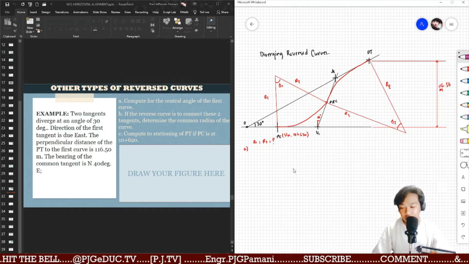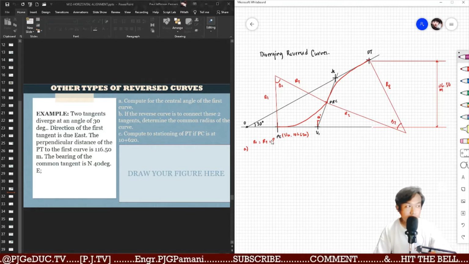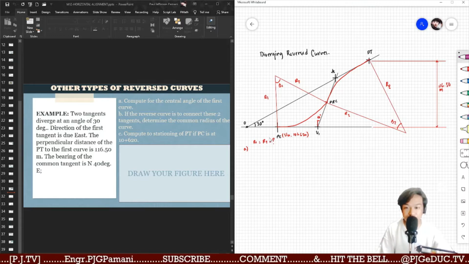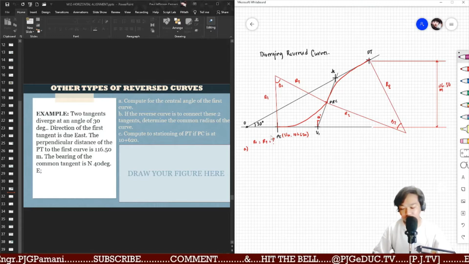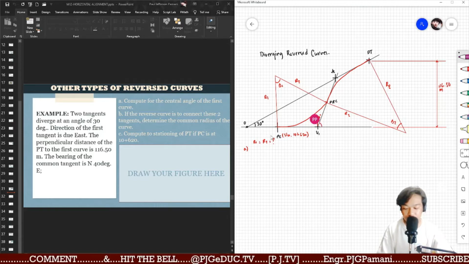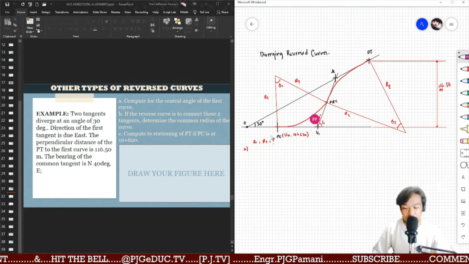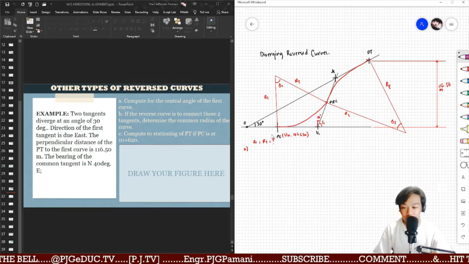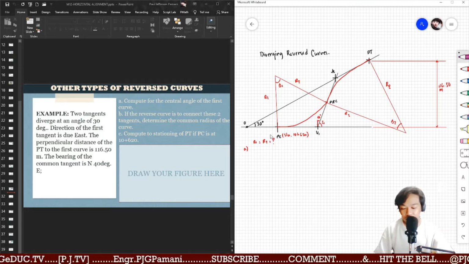So for our letter A question, the angle of intersection of the first curve is the same as the point of intersection for vertex 1, or the central angle 1, I1. So basically, I1 is what?